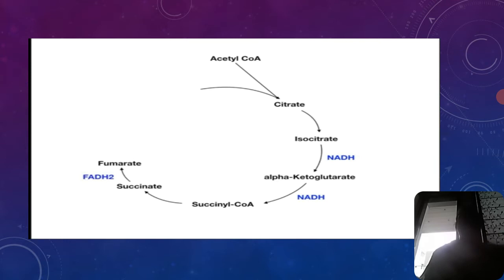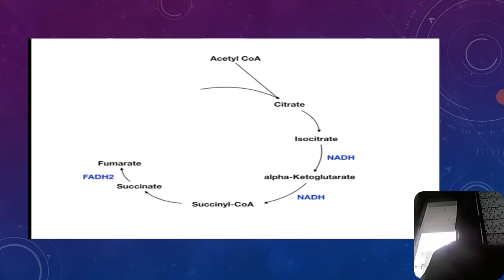Clear now? So the next step is that alpha ketoglutaric acid is converted into succinyl coenzyme A. In between isocitrate and alpha ketoglutarate, one NADH is produced. We will discuss it later.